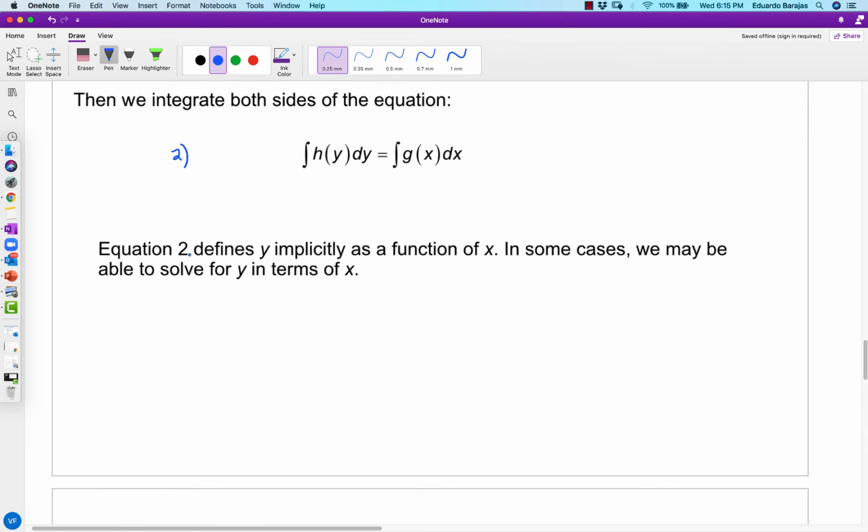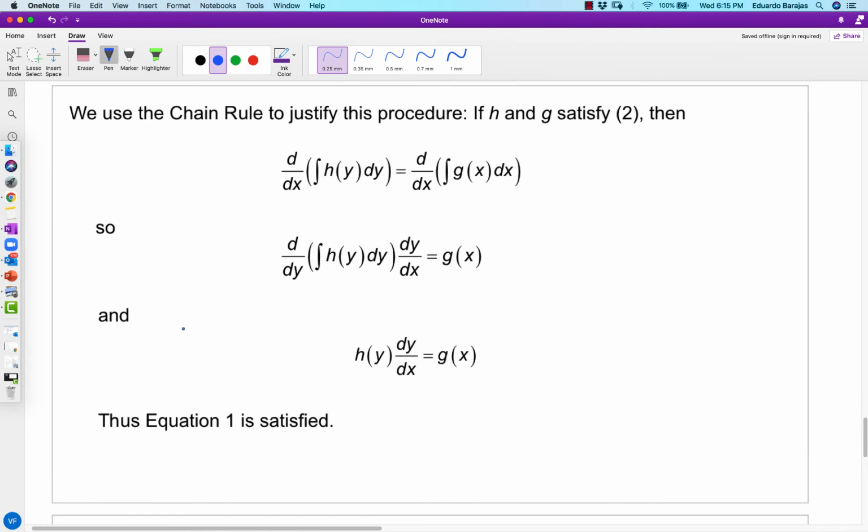So this equation, equation 2, defines y implicitly as a function of x. In some cases, we may be able to solve for y in terms of x. We can use the chain rule to justify this procedure. If h and g satisfy 2, then we can take the derivative of both sides.